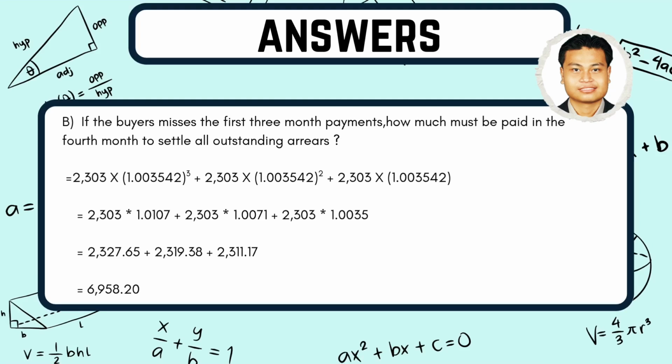After that, 2,303 times 1.0107 plus 2,303 times 1.0071 plus 2,303 times 1.0035. The answer is 2,327.65 plus 2,319.38 plus 2,311.17. The final answer is 6,958.20 ringgit.